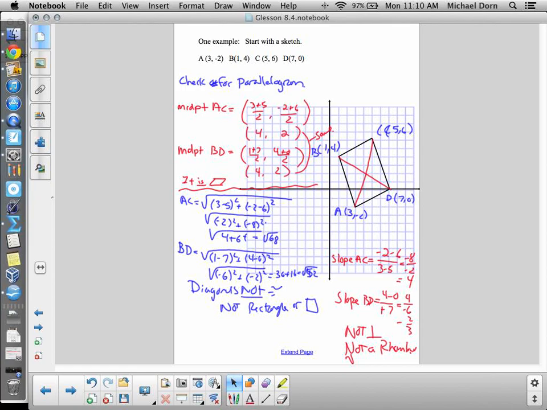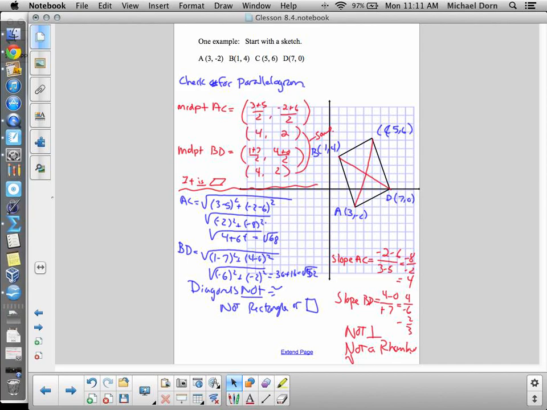But anyway, you can see I have to know midpoint, slope, and distance formulas. All three of them I have to work with. And I have to know what they measure. Another problem I encountered on this last quiz for a couple people is they did everything right. They used distance formula on all four sides of the shape, showed the opposite sides have the same distance, and then concluded the opposite sides are parallel.